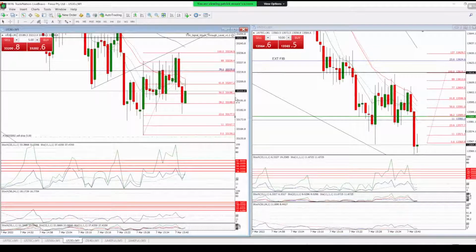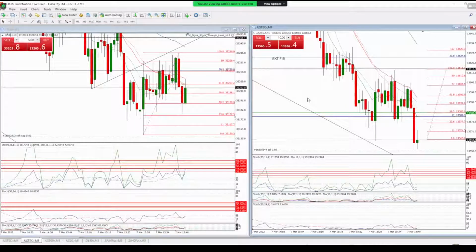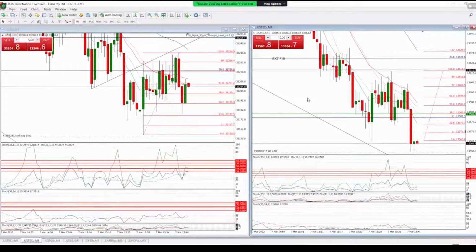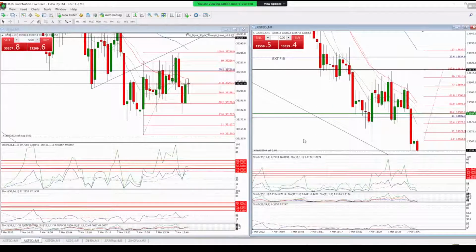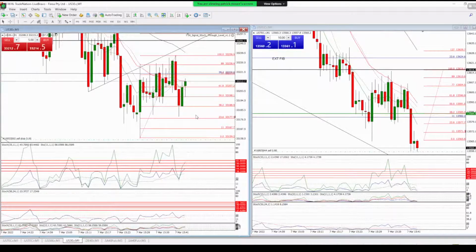This is very close. Let's watch the stochastic for a long up through 50.